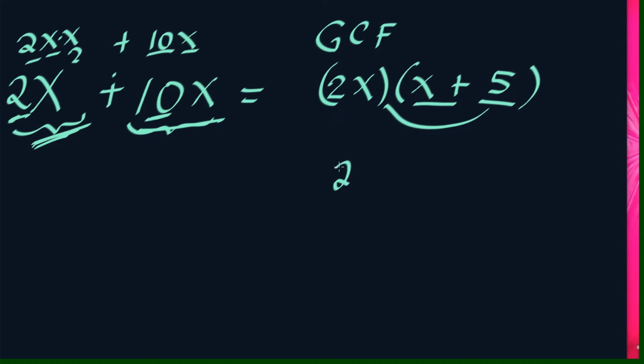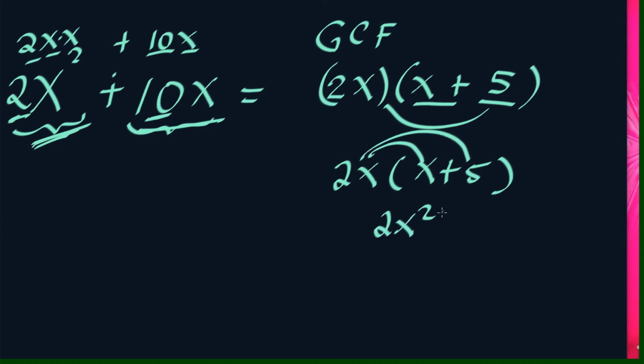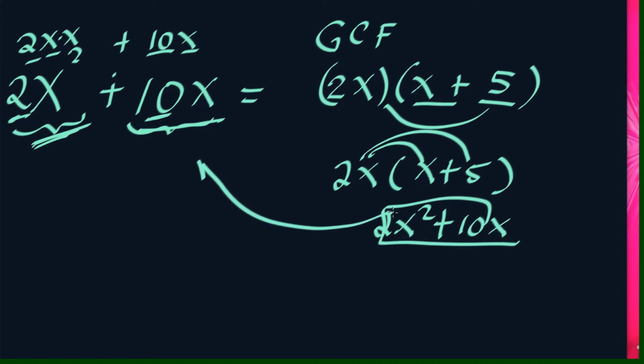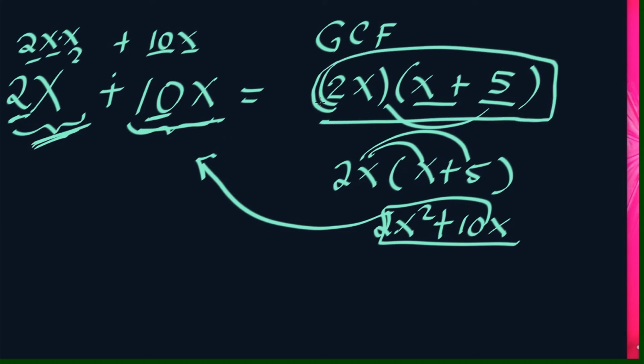So you can, again, double check your work. If you distribute this 2x, that's going to be 2x squared. 2x times 5 is 10x. And that is equal to this given product, okay? So our factors are 2x and x plus 5.